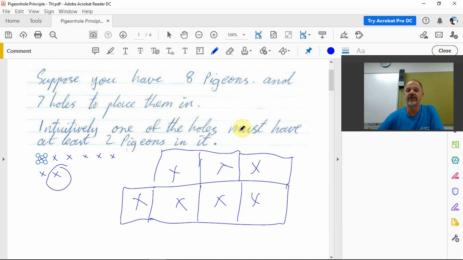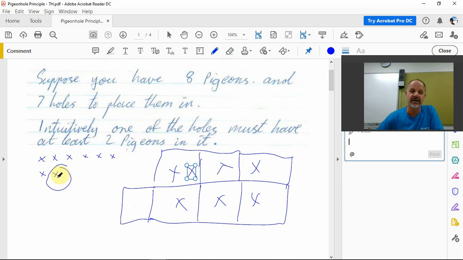Now you notice it says intuitively one of those holes must have at least 2 pigeons in it. And the reason for that is that, say you didn't initially put 1 pigeon in every hole, right? So say initially you decided for some reason that you were going to stick 2 pigeons in that hole.